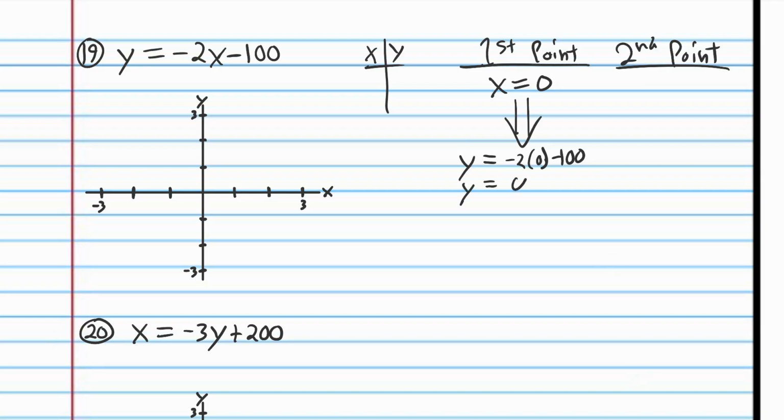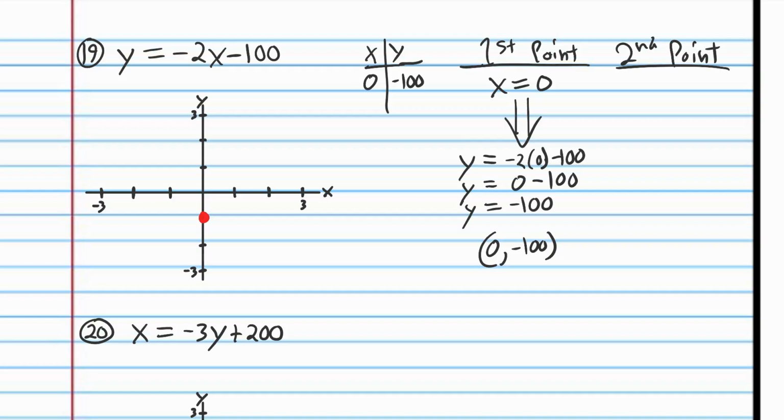Negative 2 times 0 is 0. 0 minus 100 is negative 100. So if x is 0, then y is negative 100. So that will be here.